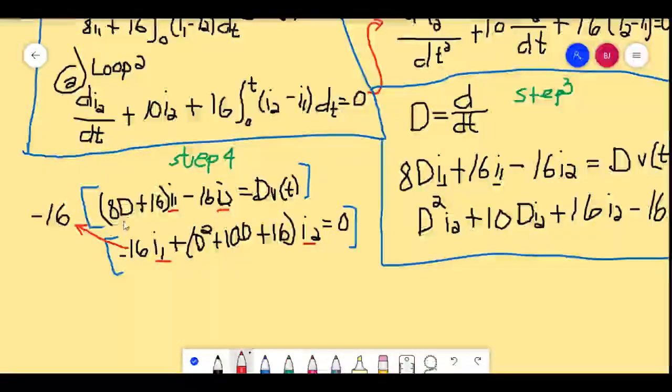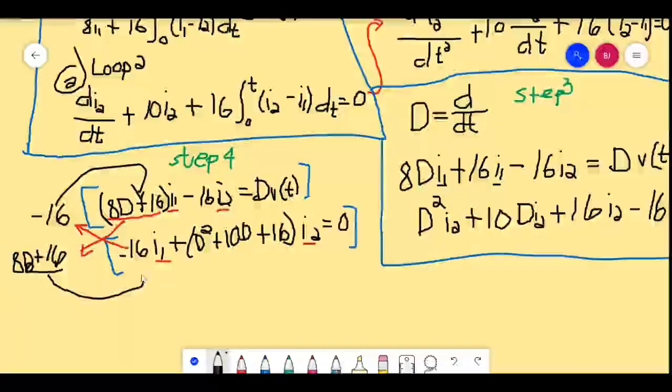So this negative 16 was multiplied here, then we have 8d plus 16 multiplied here. What would happen is that when we multiply this with this and this with this, it would give the same answer. So it's still negative 16 times 8d plus 16 and 8d plus 16 multiplied by negative 16.